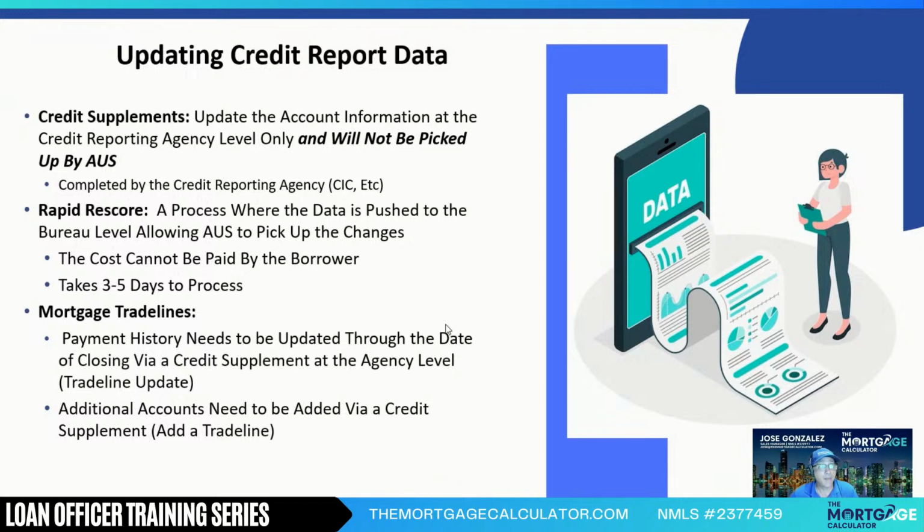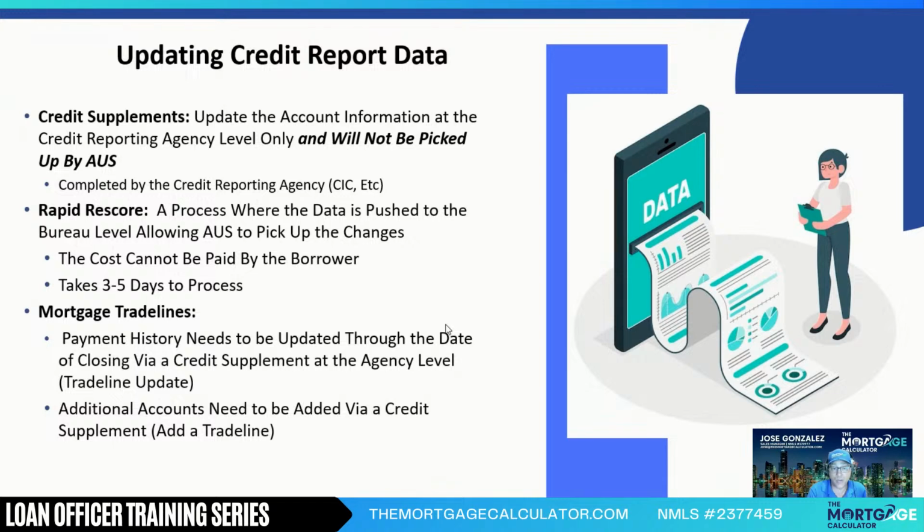Now, some of the common updates requested, which I just alluded to, the most common one is mortgage trade line updates. Mortgage trade lines are going to be updated in one of two ways. Either, or they're going to ask for one of two things. They're either going to ask for a payment history that needs to be updated for an existing account that's reporting on their credit report.